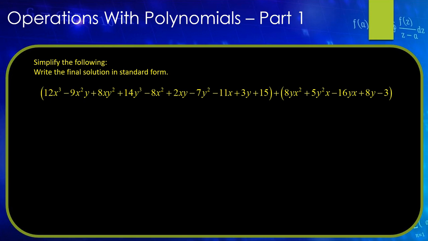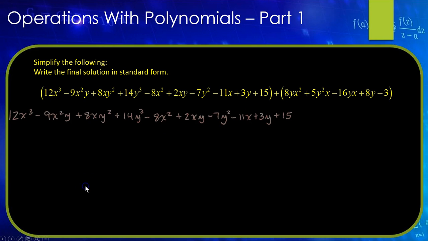So when I rewrite this again, the first one I'm not really doing anything except getting rid of the parentheses. There's really nothing to change here. And in the second one, theoretically, there's nothing to change because there's an addition here. I could just drop the quantities, but I'm going to rewrite these. This is going to be x squared y, this is going to be xy squared, this is going to be xy.